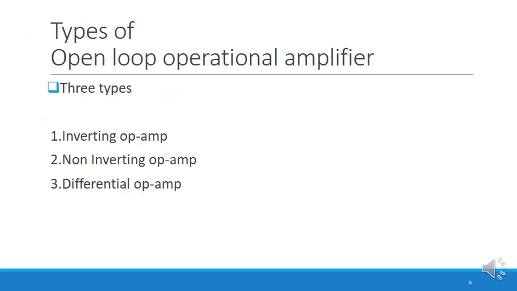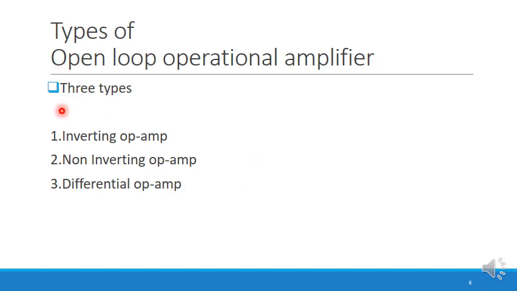Okay, let us begin with what we mean by an open loop operational amplifier. Before studying the definition of the open loop operational amplifier, first I want to tell you there are three types of open loop operational amplifiers. They are the inverting operational amplifier, the non-inverting operational amplifier, and the differential operational amplifier.